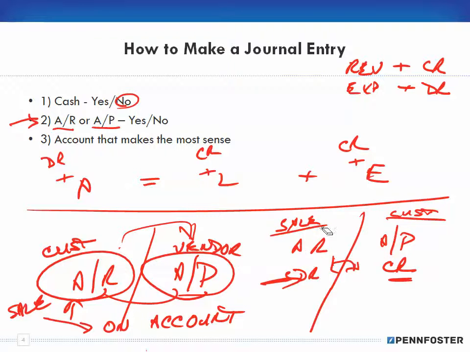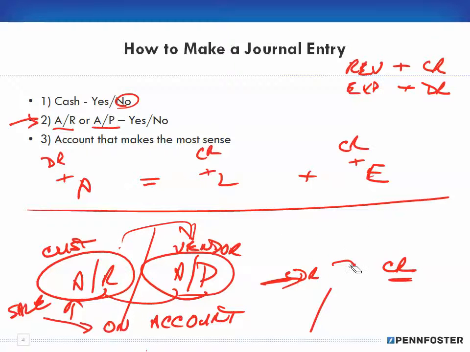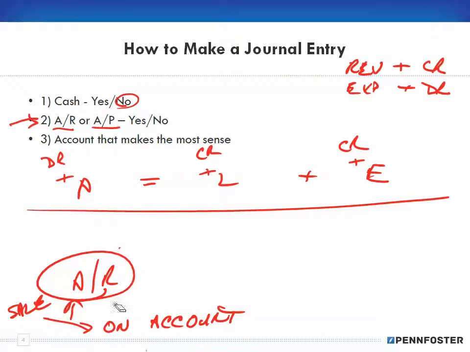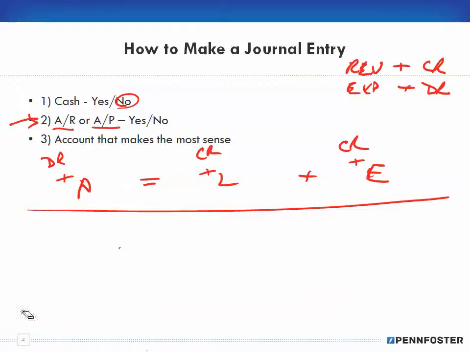Now, here's the real easy catch. Remember, you learn easiest by association, and here's the association. What is accounts receivable? It's something that you own, because somebody owes you money. So accounts receivable is an asset.